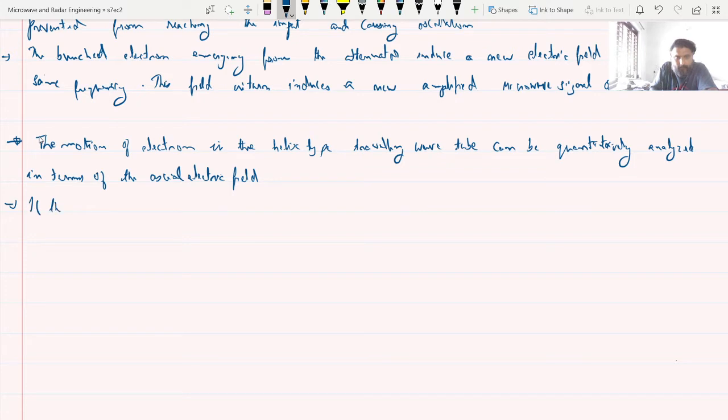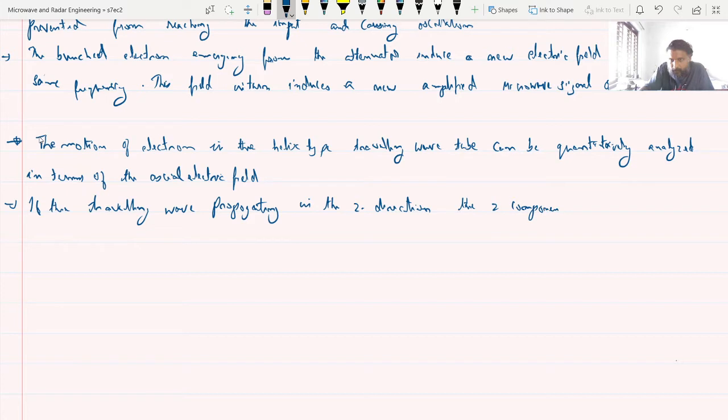So, as I told you, if the traveling wave is propagating in the z direction, I can write the z component of the electric field can be expressed as, what?